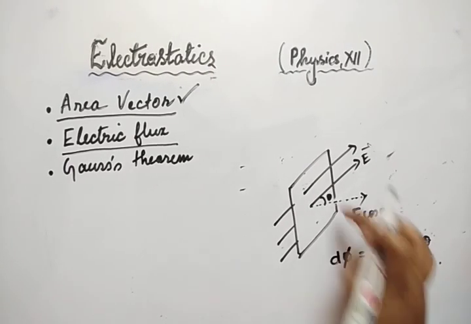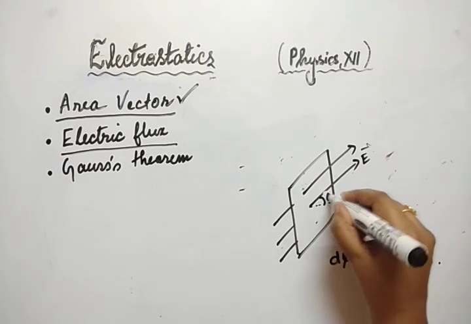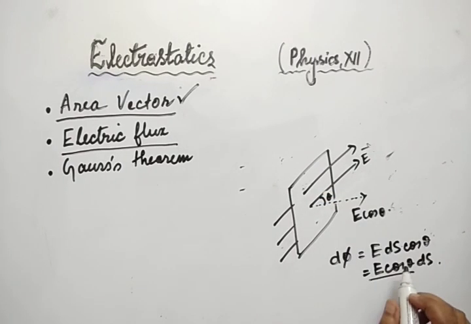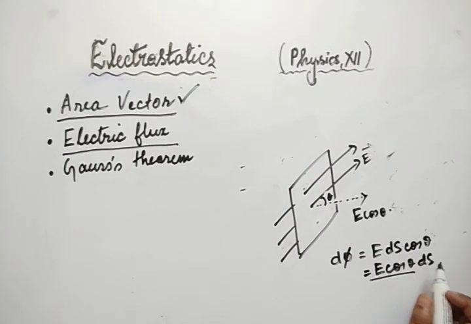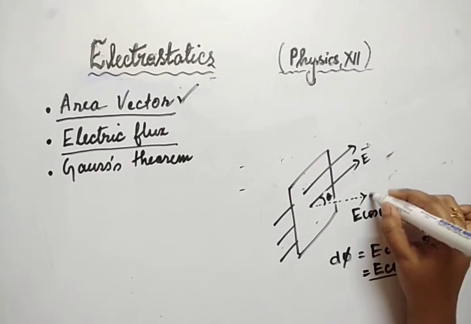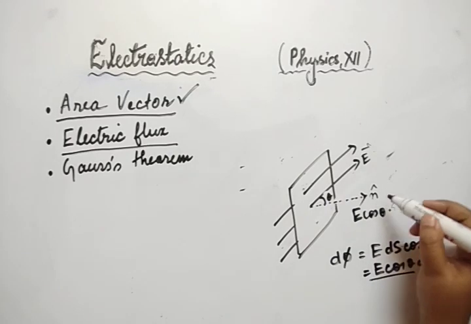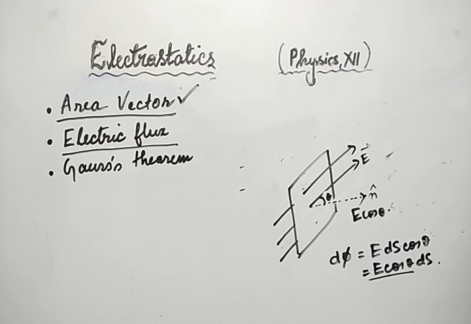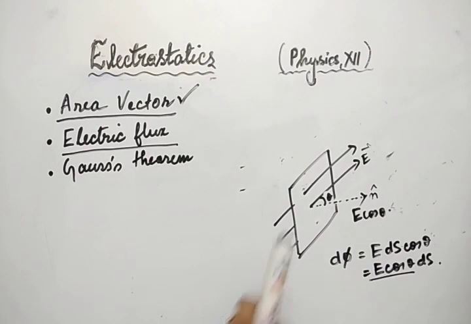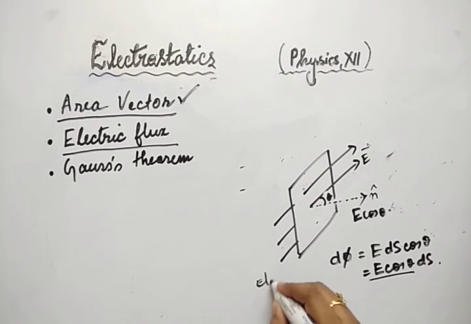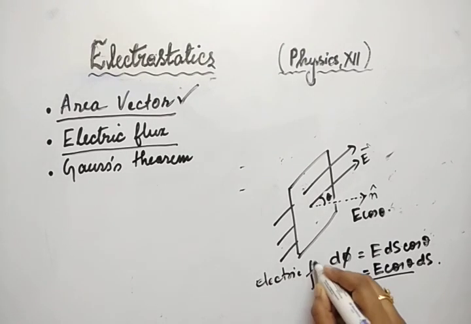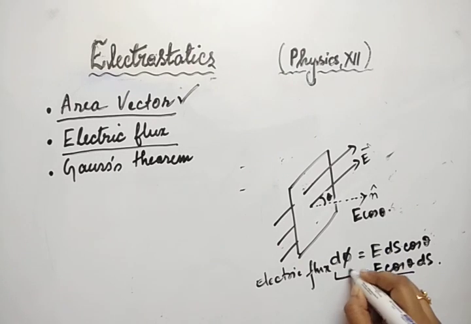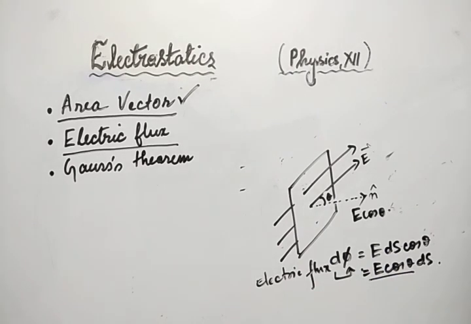Whenever there is an angle theta, we can write it in this manner and mark n as the unit vector. So n unit vector is the direction along the outward normal to the surface. This is how we represent electric flux.